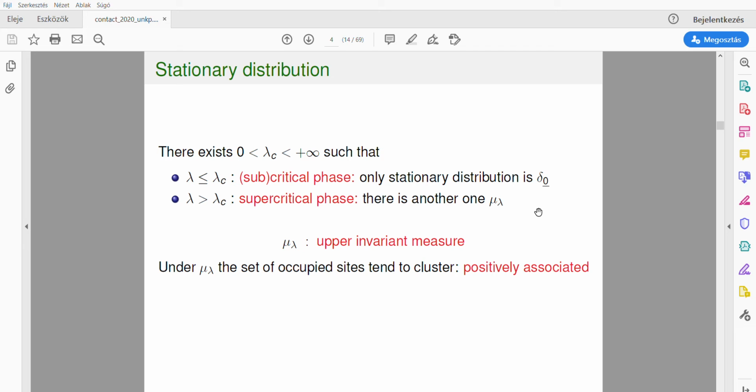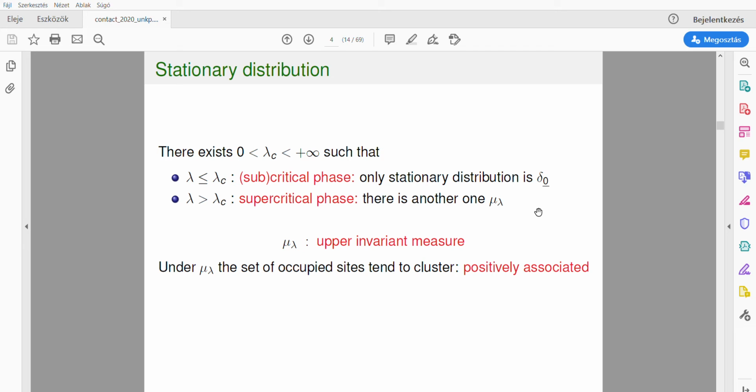This generalization is called positively associated. So the correlations under this measure are positive, and therefore you can imagine that the set of infected sites will have a tendency to be clustered.